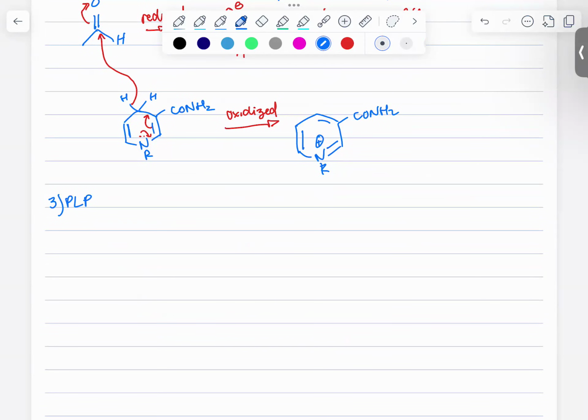So PLP's full name is pyridoxal phosphate, I think. You don't ever have to know the full name of these. The abbreviation is enough. And it's also known as vitamin B6.